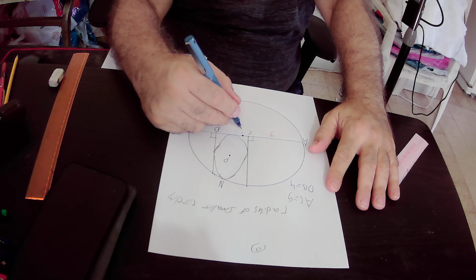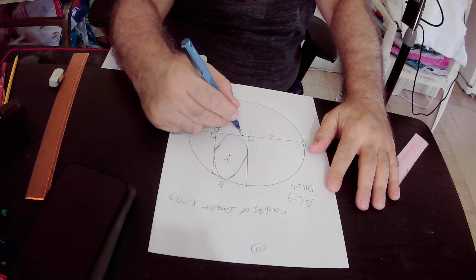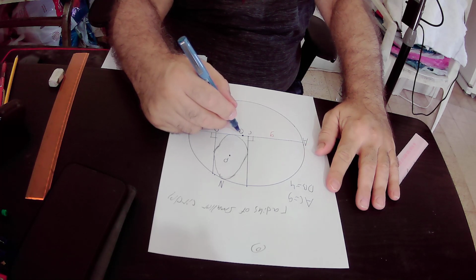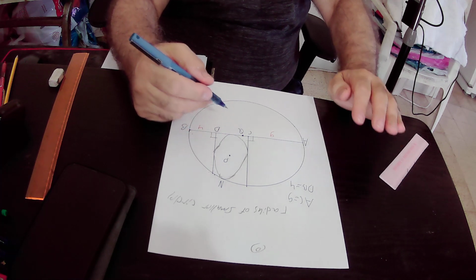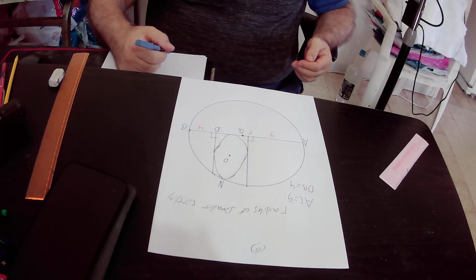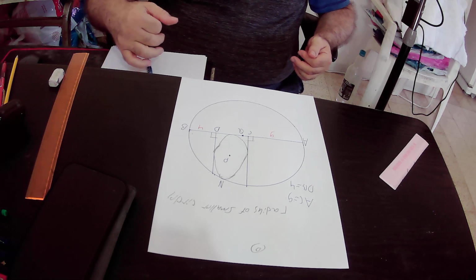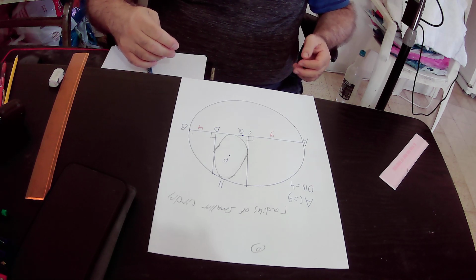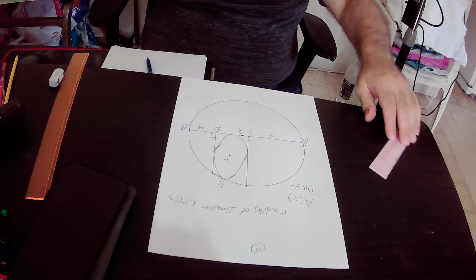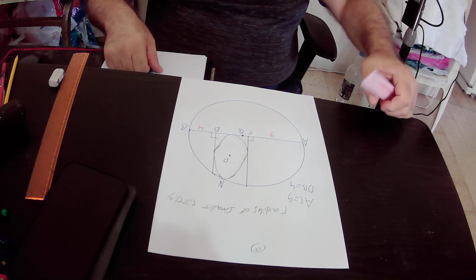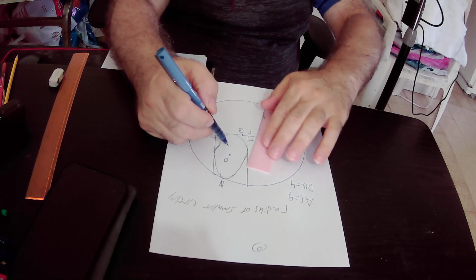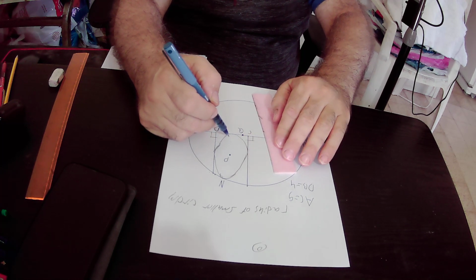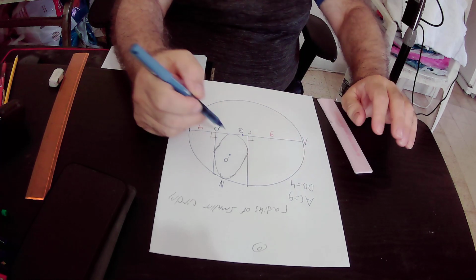Let's call this point point Q. Again, point Q is the center of the big circle, and we will draw a radius of the smaller circle here.